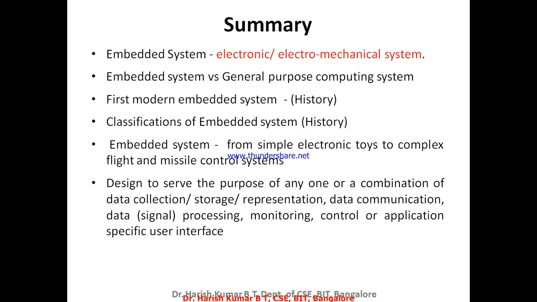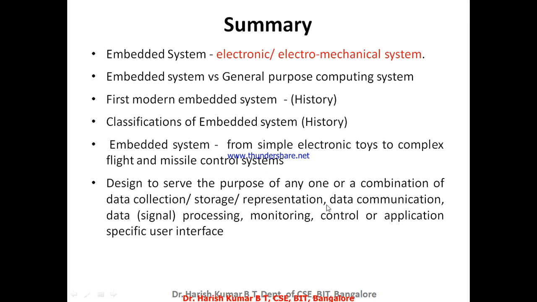But in the syllabus, there are only 2 classifications, that is generation based and complexity and performance based classification, so that you understood. And later you understood the application areas of the embedded system. The application area ranges from simple electronic toys to the more complex embedded systems used in flight and missile control systems.